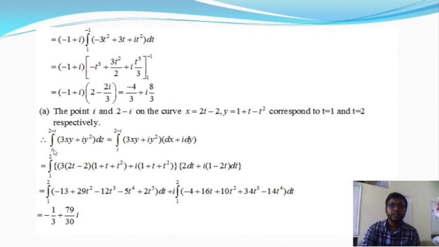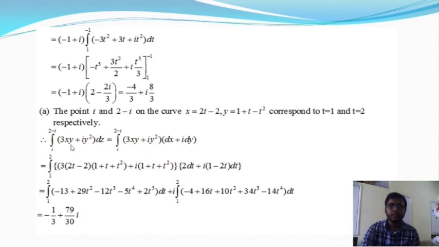So therefore the integration from i to 2 minus i of 3xy plus i y square dz is equal to the integration from i to 2 minus i of 3xy plus i y square into dz, where dz equals dx plus i dy.